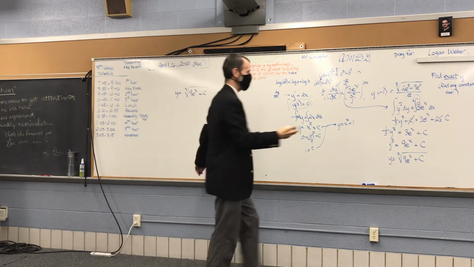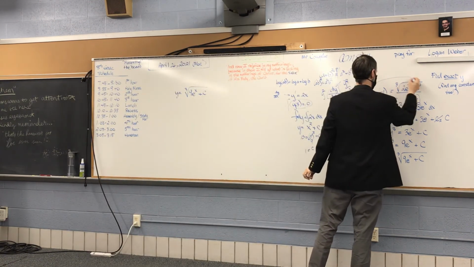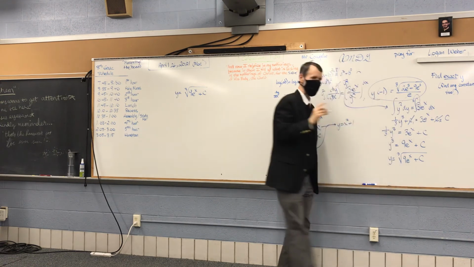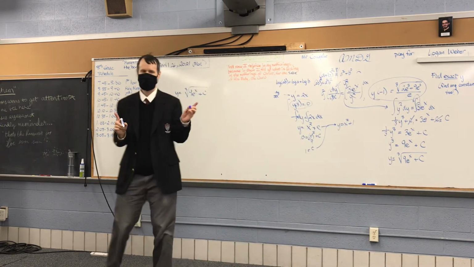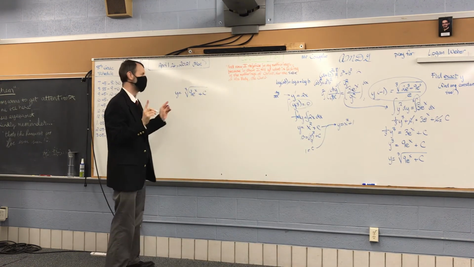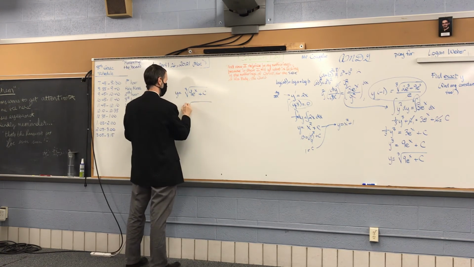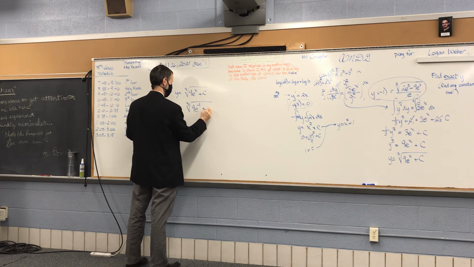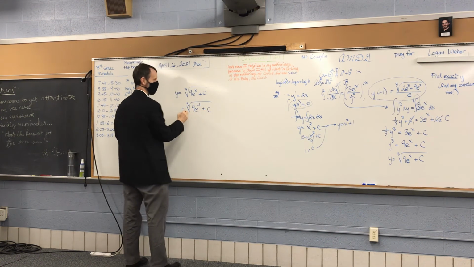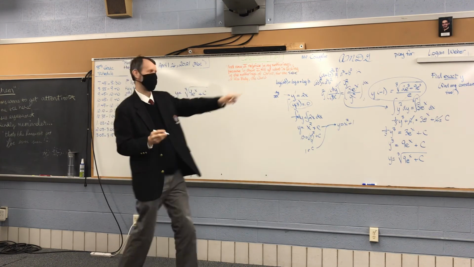And here's the trial value that they gave us. What are they plugging in for x? Negative 1. Basically, the cube root of 9e to the -1 plus c equals that disaster area. Oh my gosh.